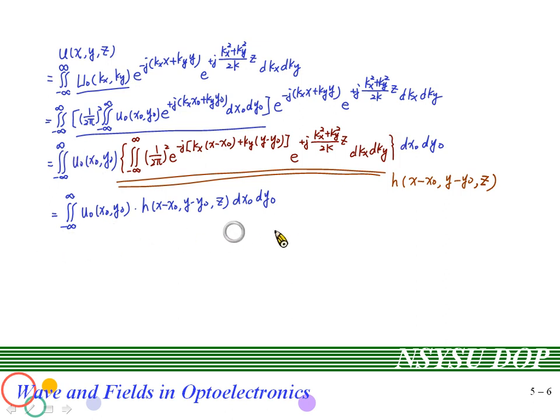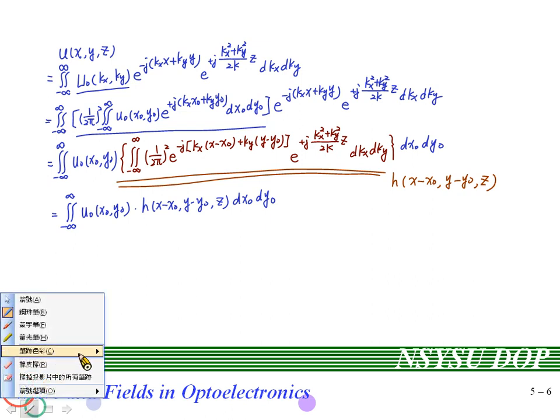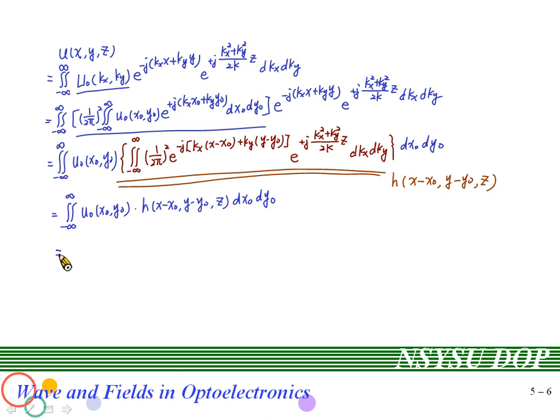And you can see, for the first term, you have parameters x0, y0, and for the second term, you have parameters x minus x0, y minus y0. In engineering and mathematics, we have learned that the above equation is the convolution of the u0 function and the h function.